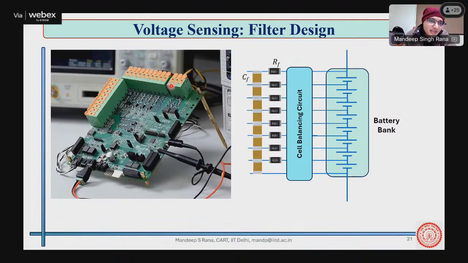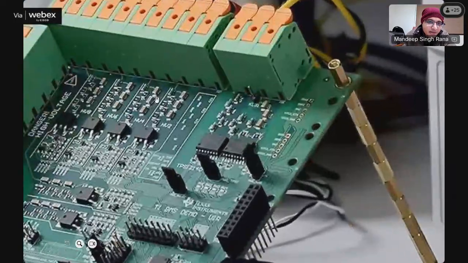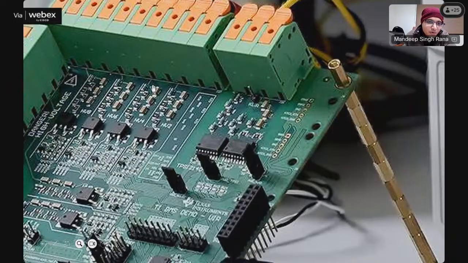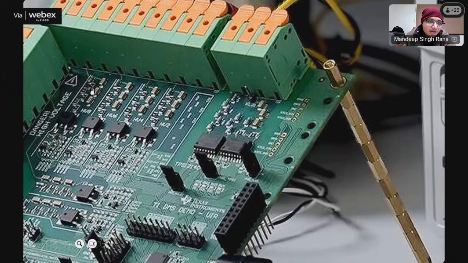If you look at this card, you see a lot of connectors here. These connectors are basically to put in the conductors. From these conductors, you see a lot of RC components. In this portion, you can see SMD resistors and capacitors sitting, and a lot of them. Why?